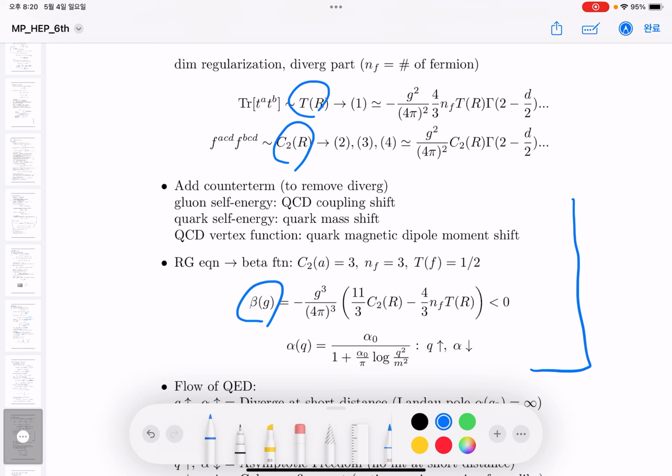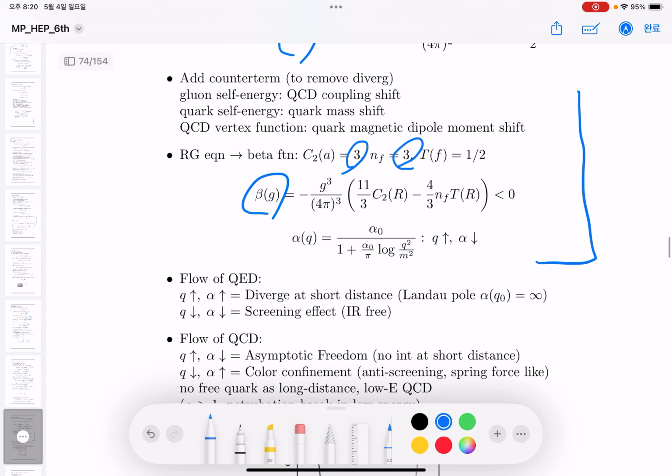By the number of colors and the number of flavors in the quark, such a beta function becomes negative. This means that in the QCD non-abelian group, the coupling becomes small when the energy goes high. So this is called asymptotic freedom.